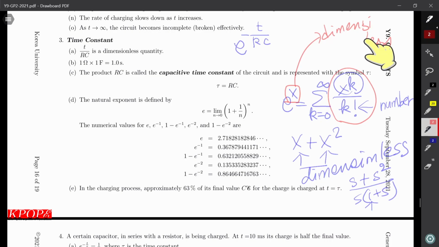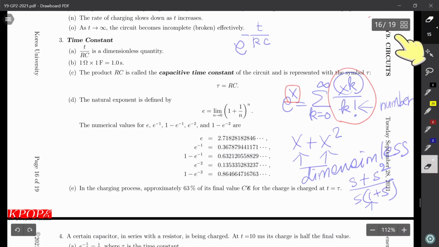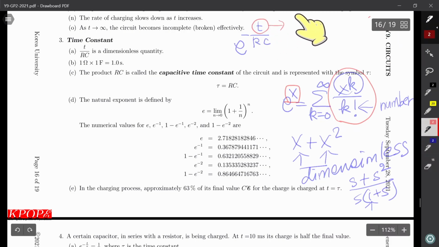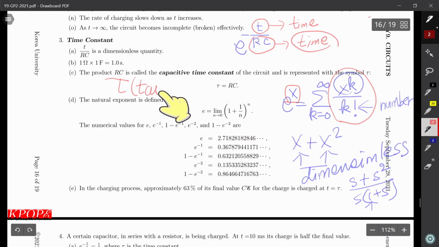Because it is dimensionless, and t has the dimension of time, RC must have the dimension of time. So we use a special notation, tau, the Greek letter tau. Tau is defined by RC, the product of resistance and capacitance.